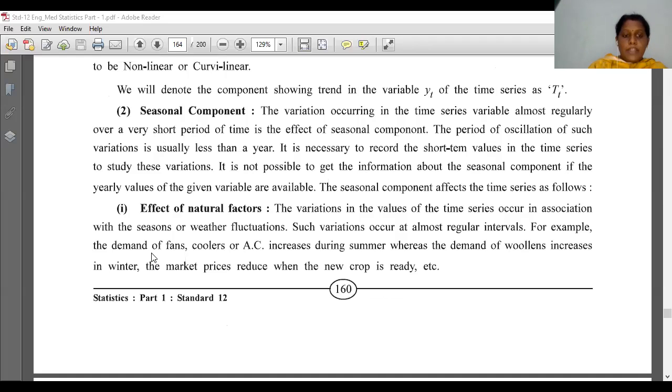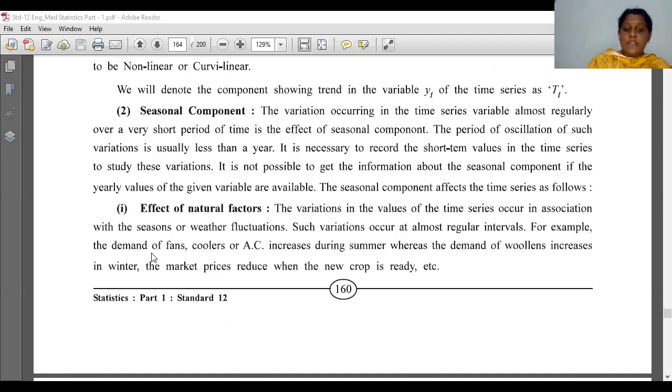So let's see the effect of natural factors. The variations in the value of the time series occur in association with the seasons or weather fluctuations. Such variations occur at almost regular intervals. For example, the demand for fans, coolers or AC increases during summer, whereas the demand for woolens increases in winter.